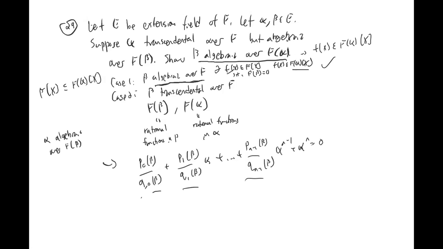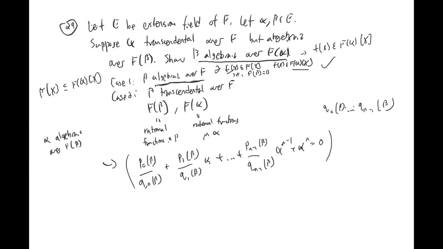So what do I need to show? I need to show the opposite: beta is algebraic over F(alpha). I need to reverse the roles of beta and alpha, and that's exactly what we're going to do. Let's multiply by the common denominator, q0(beta) through q(n-1)(beta).